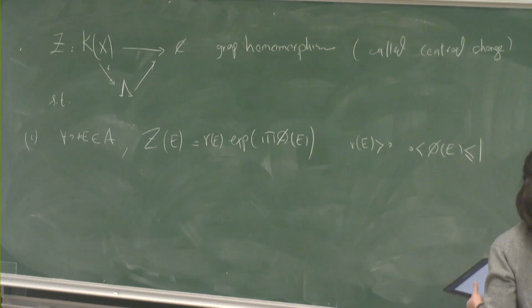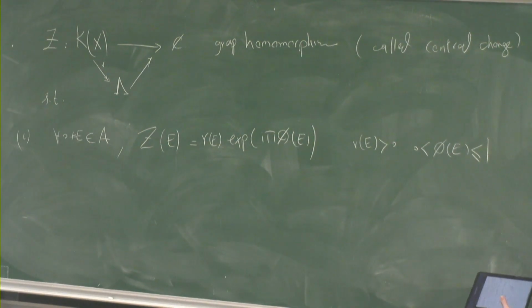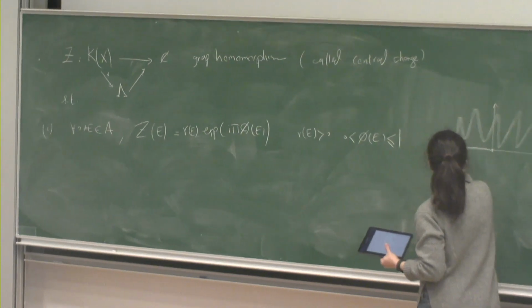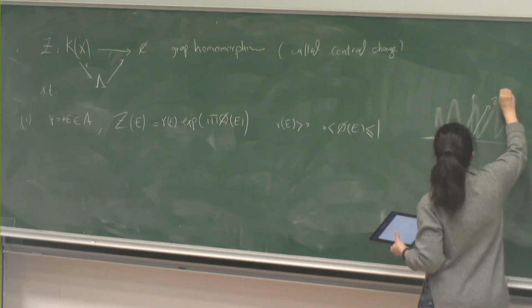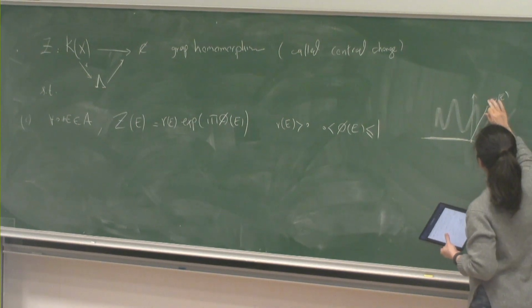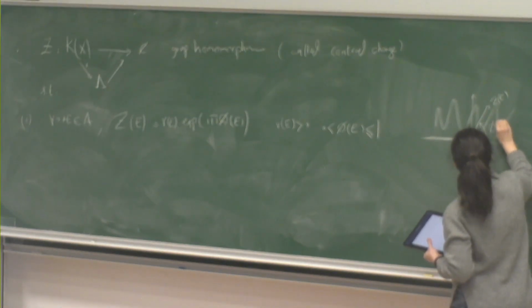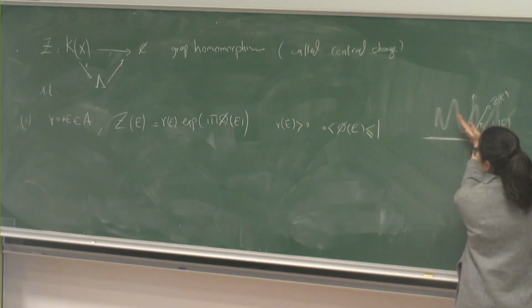In other words, the image of this central charge is in the upper half plane or the negative real line. So for any object, I have a well-defined notion of phase, which, as I said, varies from 0 to 1.